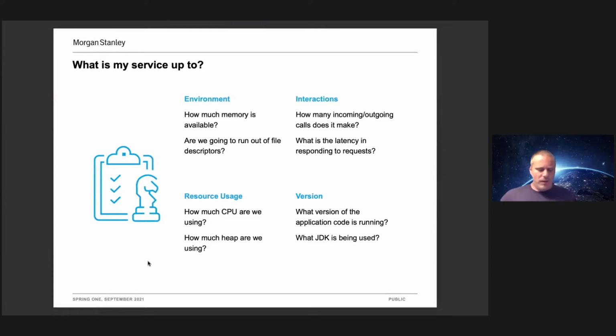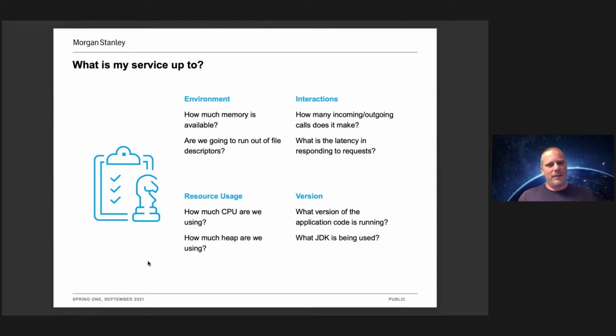So first of all, as our industry moves towards microservices and cloud technologies, it is very crucial to get up-to-date information about what our application or service is doing, what is the amount of resources it consumes, what are the interactions, what is the version, for example, and what is the overall environment that it runs in, because we're moving away from the era where one could SSH into a box and then get some information, which we shouldn't have done anyway in the past.